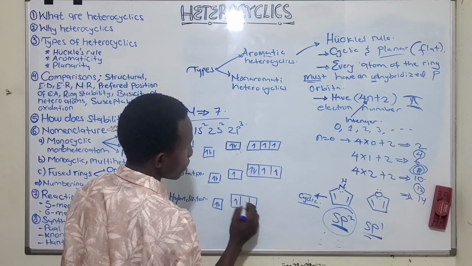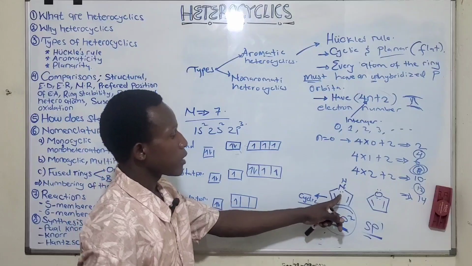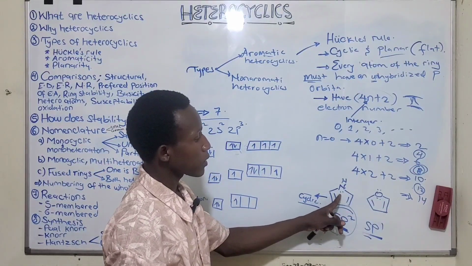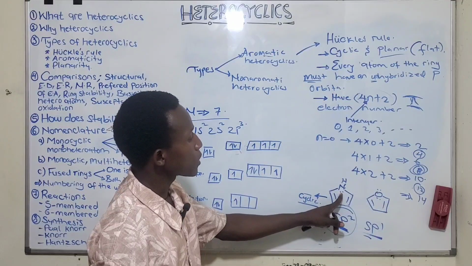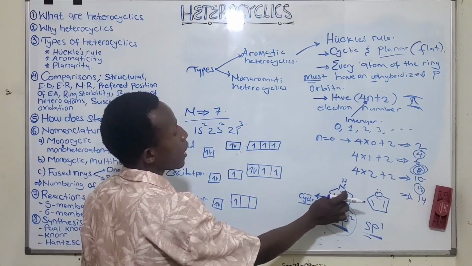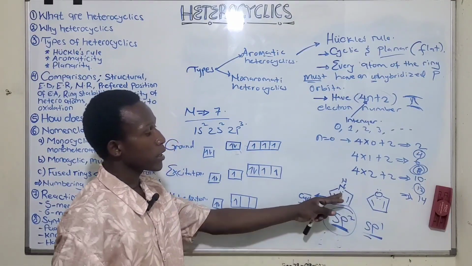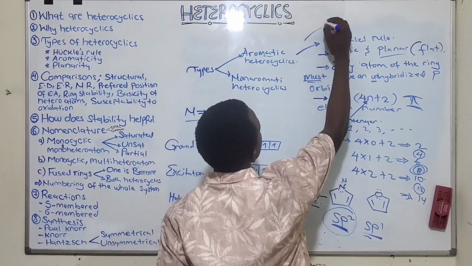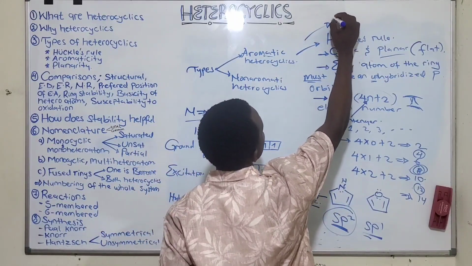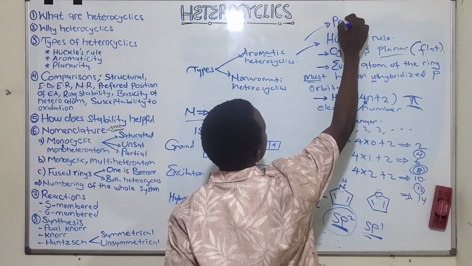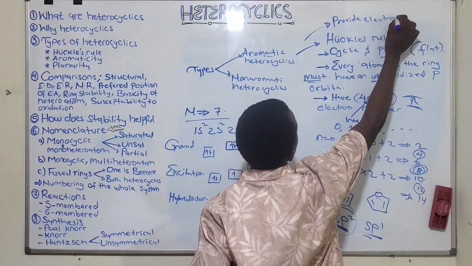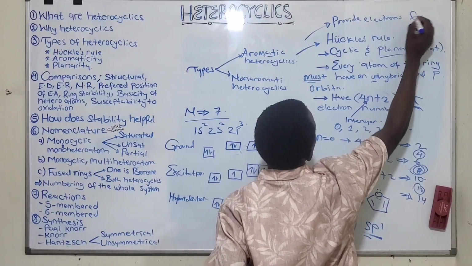These electrons participate in resonance. The lone pairs will participate in resonance. So that's one of the criteria. They donate, provide electrons for resonance.